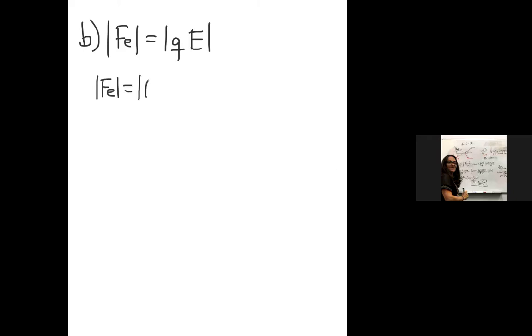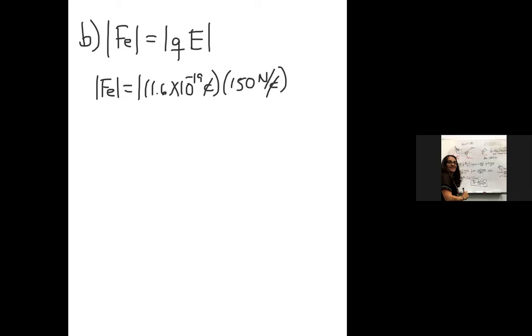So for part B, for the electric force, all I need to know is the charge and the electric field. It's much easier. So the electric force is 1.6 times 10 to the negative 19 coulombs times the electric field, which is 150 newtons per coulomb.